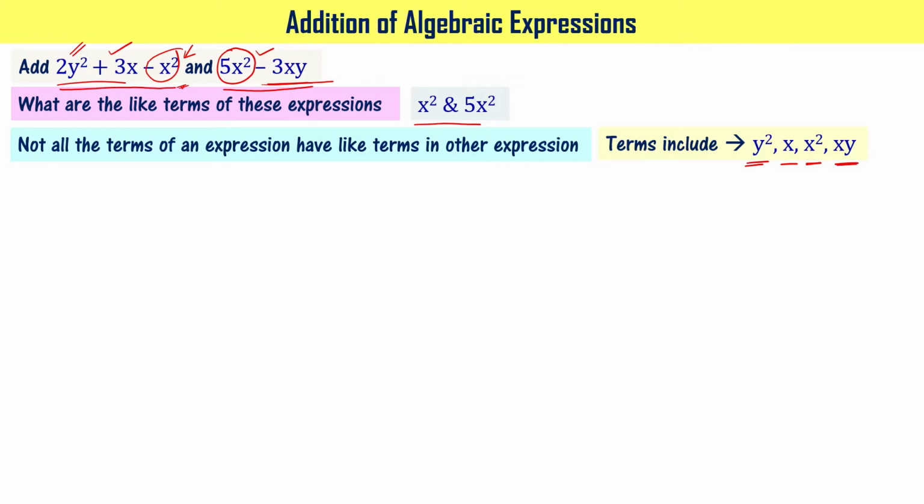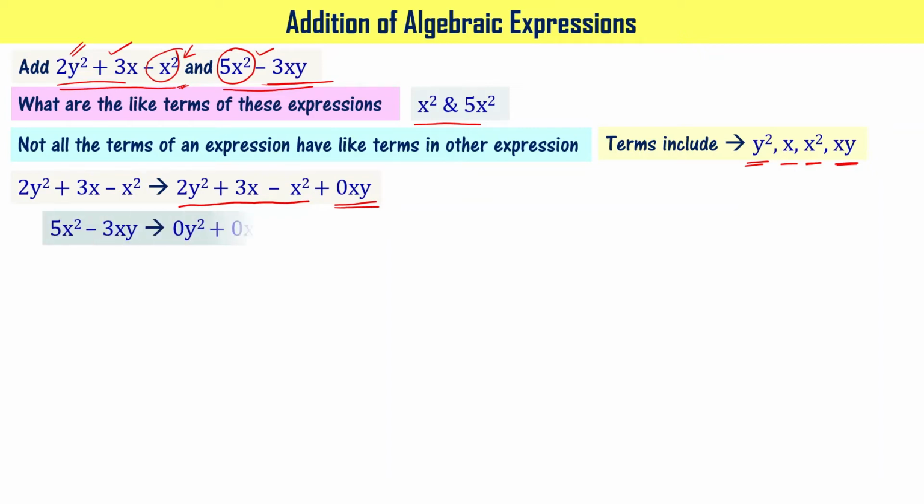Now I'll write the first expression as 2y square plus 3x minus x square as is, and since it is not having a like term containing xy, I'm writing it as 0xy. 0 times xy means it is essentially 0. We are not changing the expression, but for ease of addition, I have added a term containing 0xy.